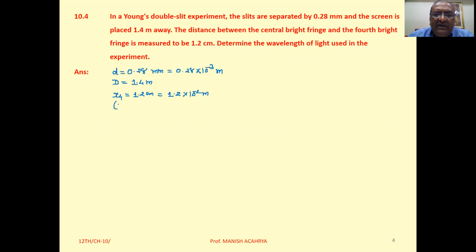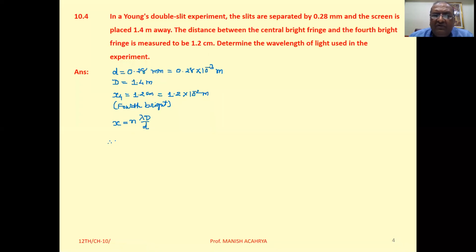And this one is the fourth bright. Okay. Now we have the equation for the position of the fringe on the screen, that is n lambda capital D by small d.